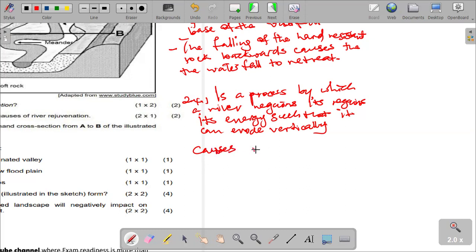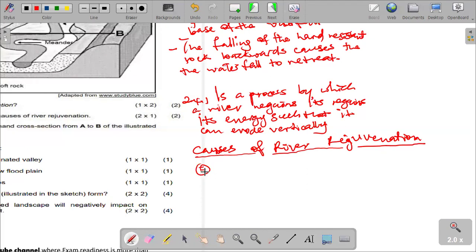What are the causes of river rejuvenation?